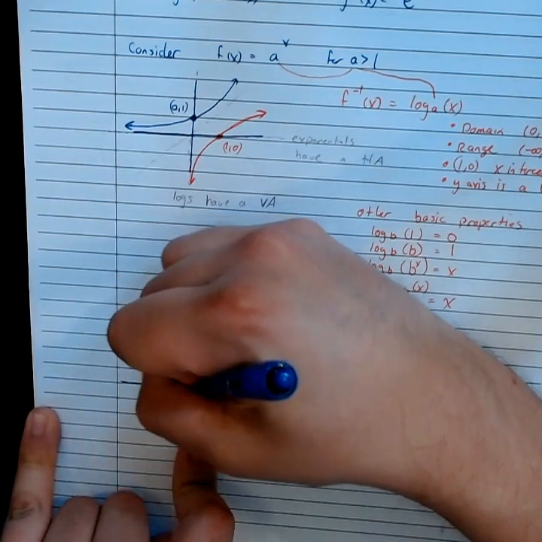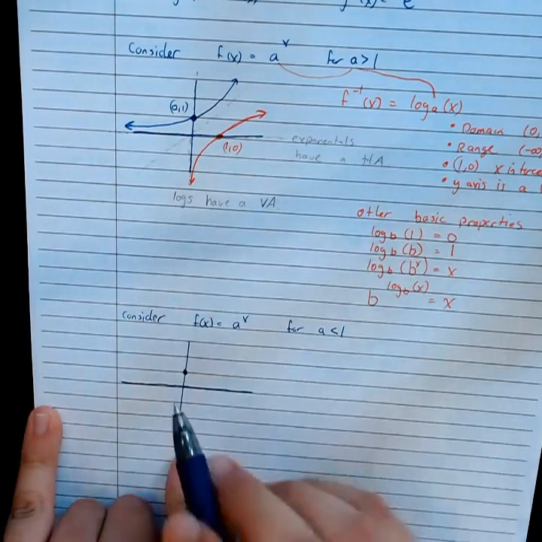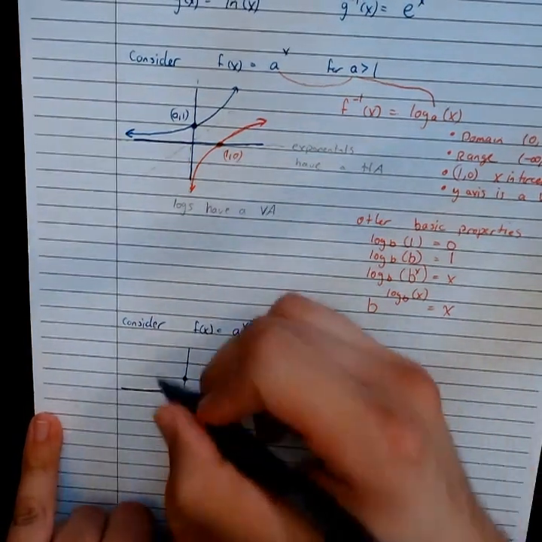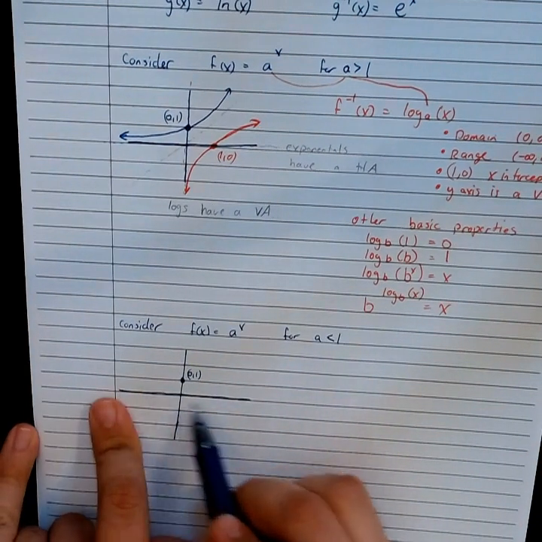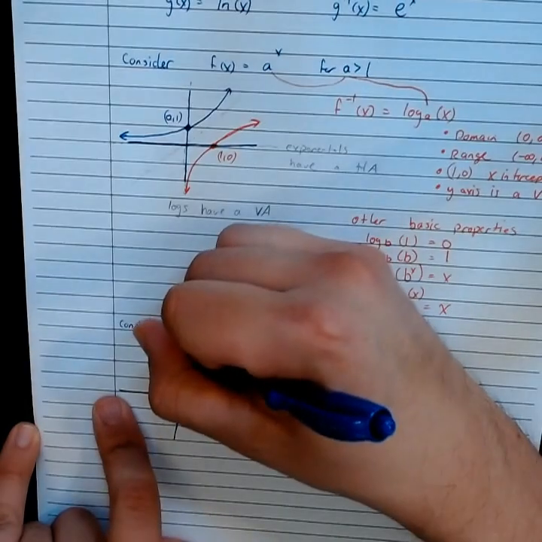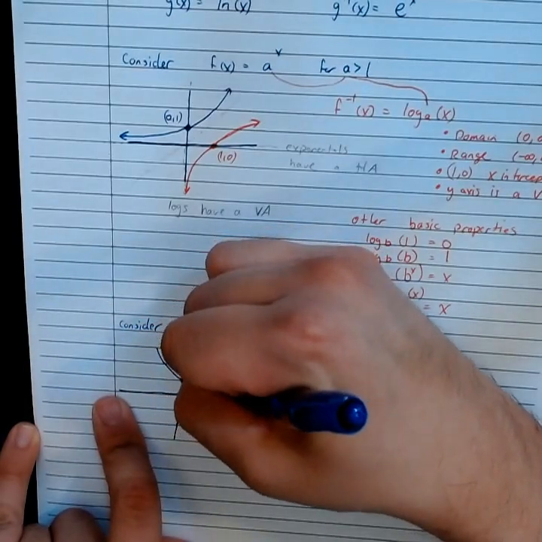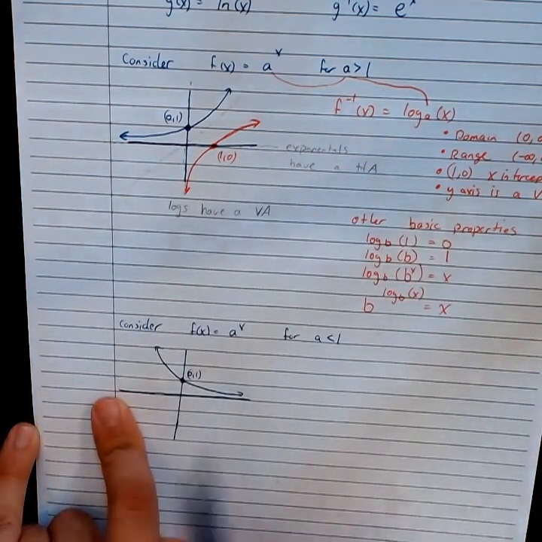That's going to have a point here, (0, 1). That's going to have the x-axis as a horizontal asymptote, and it's going to decay. It's going to start off big and shrink down toward the asymptote. It's just this one, but flipped around.